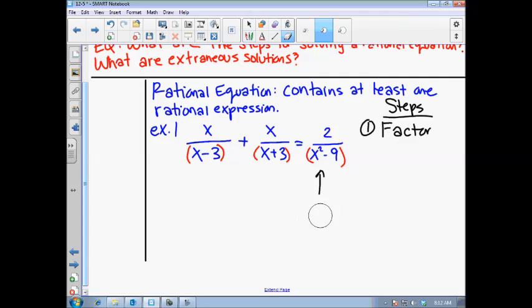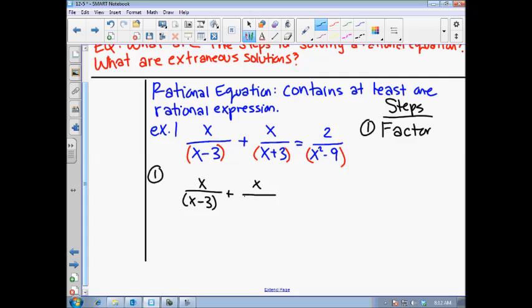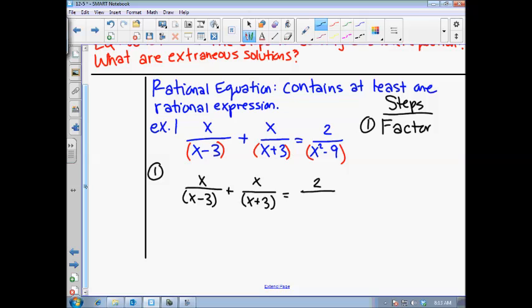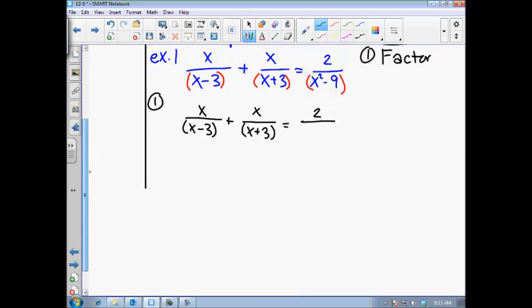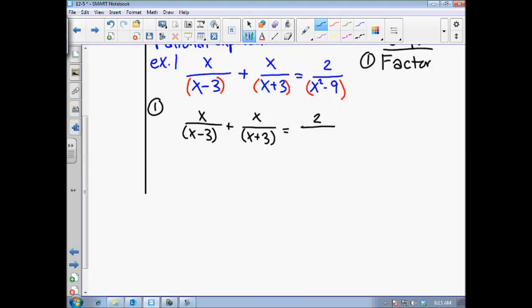Okay, so for step 1, we're going to rewrite it with the factors. Because it just so happens that those factors match the other denominators. How do I write the factors showing 3 and negative 3? How do I write them as factors? x minus 3 and x plus 3. Good.